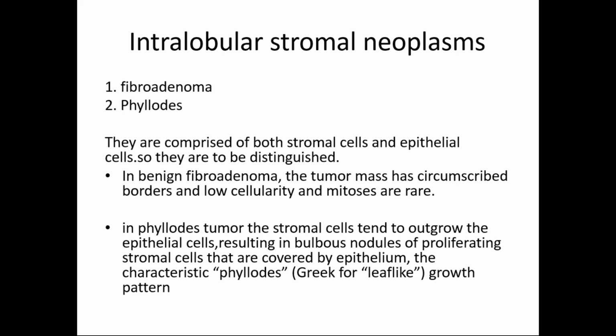Whereas in a phyllodes tumor, the stromal cells tend to outgrow the epithelial cells, resulting in bulbous nodules of proliferating stromal cells covered by an epithelial layer. The characteristic phylloid-like or leaf-like growth pattern is seen in this phyllodes tumor.